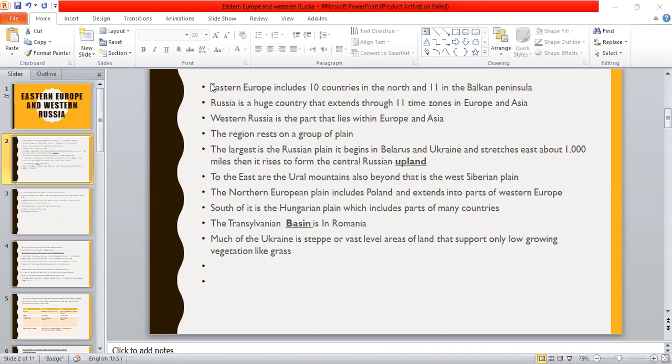Because of the mountains, the human settlements are isolated. So Balkanization has happened because of the mountainous nature of this area. This area originally has many mountains inside, which has made it isolated, or the settlements isolated, which has led to cultural diversity. It's also a source of conflict among the ethnic groups, and this region is known for Balkanization.